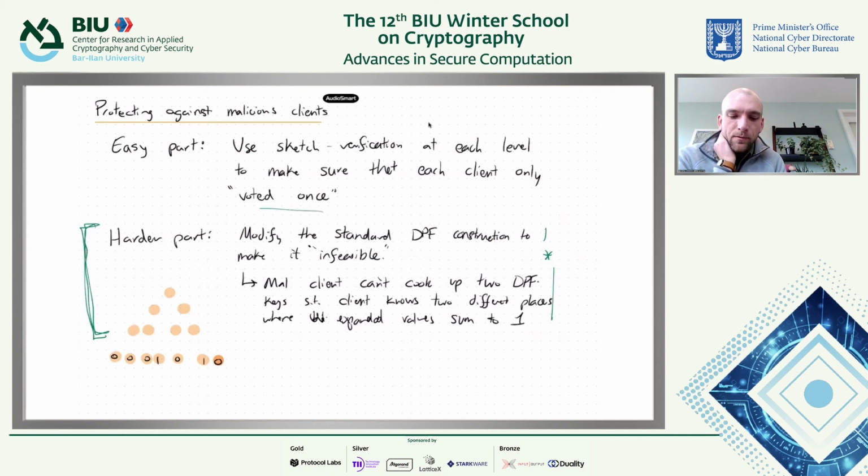the sketching will not catch that, because the sketching is only going to check that you're voting at most once. But this extractable DPF stuff, I should say the name for this is extractable DPF, will. I guess there's some question about to what extent in practice this actually matters, right?